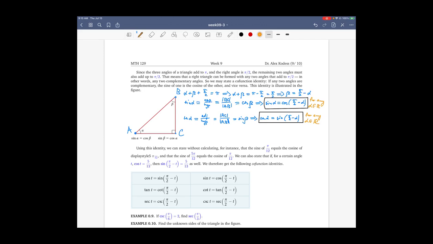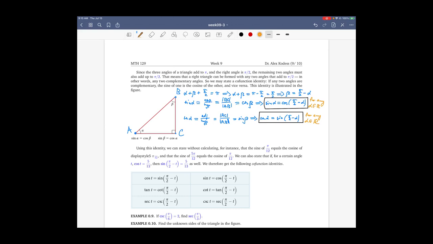Well, as an example of application of these two identities, suppose, for instance, we have the angle pi over 12.